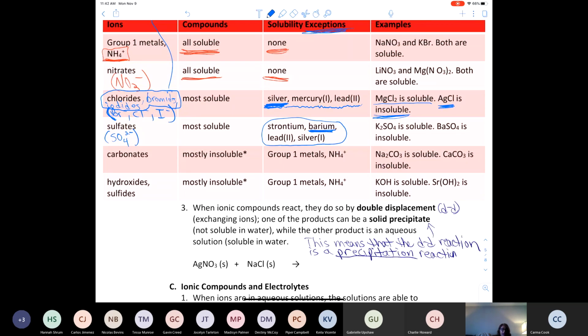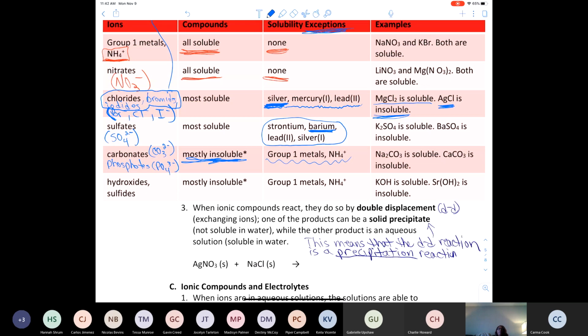For carbonates, we can also put phosphates in this category. Phosphates contain the phosphate polyatomic ion. Carbonates contain the carbonate polyatomic ion. They are mostly insoluble, but there are a couple of exceptions.